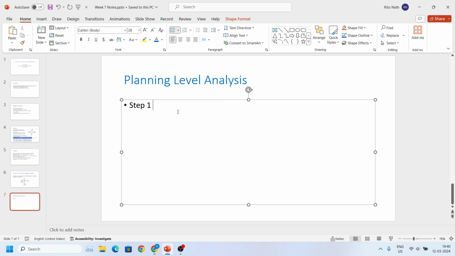So step one is determining the right turn movements, the right turn operations. The main thing here was permitted versus protected movement.